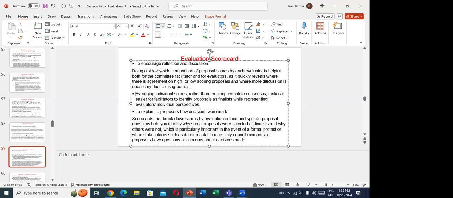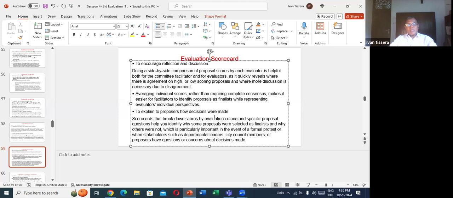Okay. A scorecard that breaks down scores by evaluation criteria and specific proposal questions helps you identify why some proposals were selected as finalists and why others were not, which is particularly important in the event of a formal protest, that means appeal. If the bidder has protested, the procurement entity may be able to give an answer why your proposal was not selected.